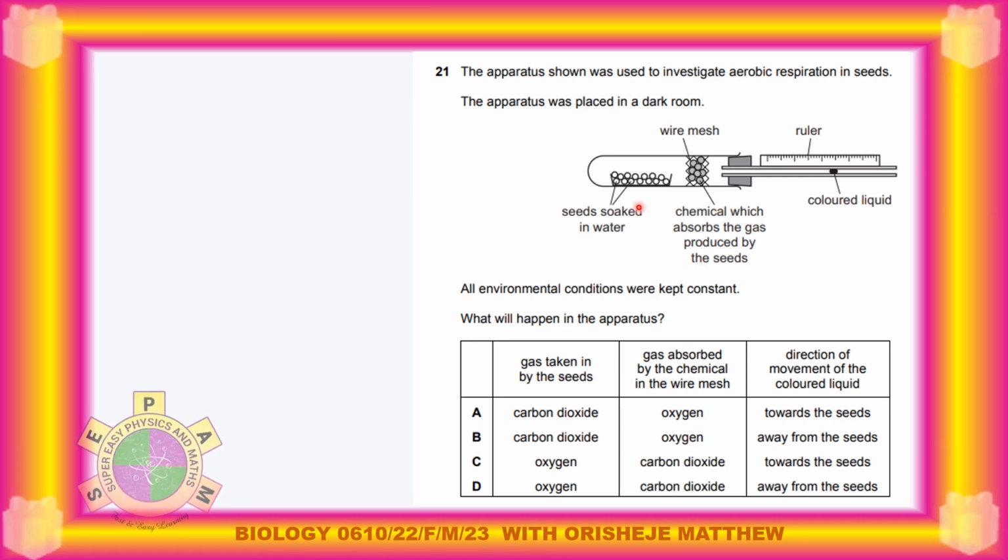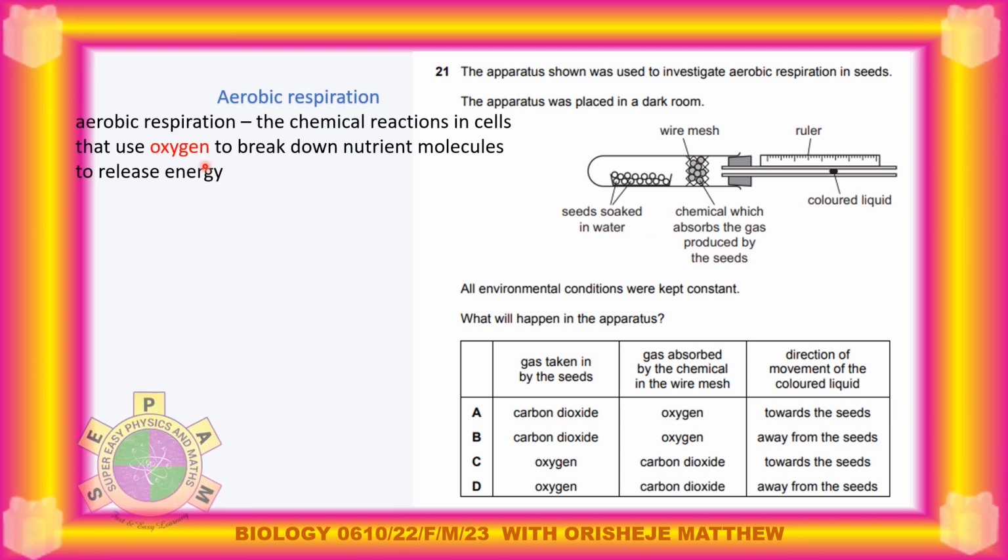Now, if you look at this one, we are investigating respiration. That means the seeds are going to respire. And if the seeds are going to respire aerobically, what happens? Aerobic respiration is the chemical reaction in the seed that uses oxygen to break down nutrient molecules to release energy.